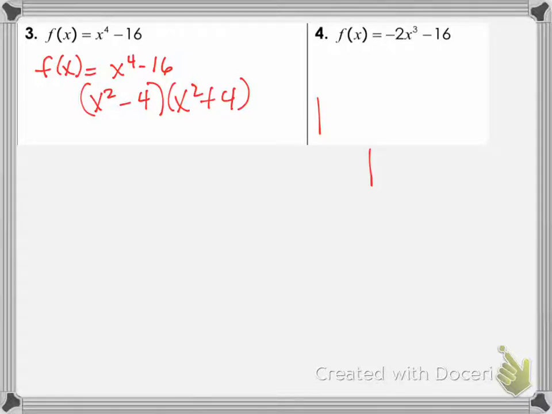That'd be x to the 4th plus 4x squared minus 4x squared minus 16. All right, x squared minus 4 factors to x plus 2, x minus 2, but x squared plus 4 does not because it has a plus. So you have to say, remember this is equal to 0, x squared equals negative 4.